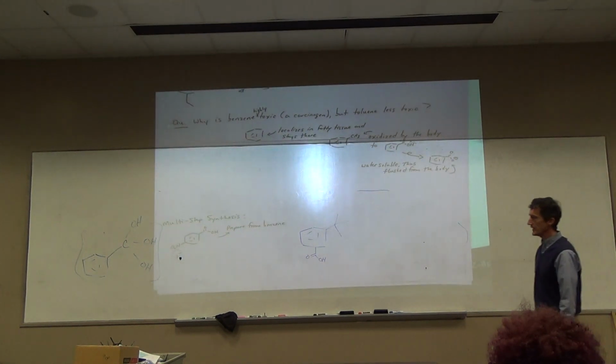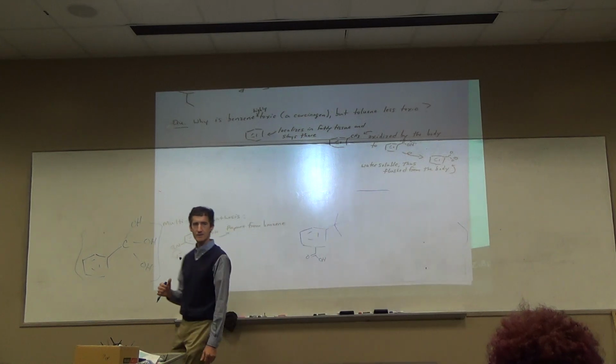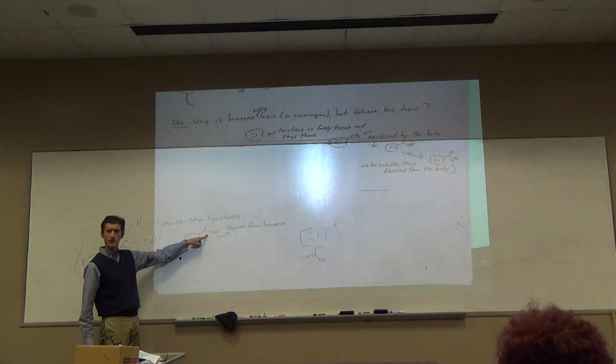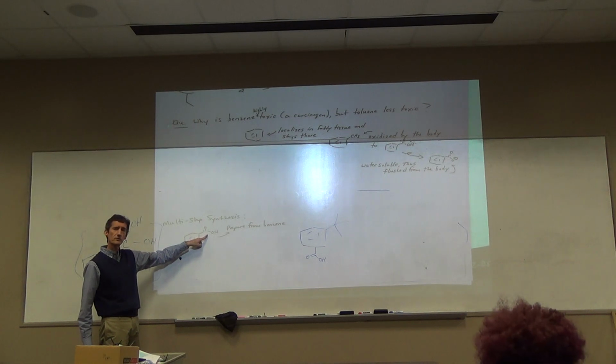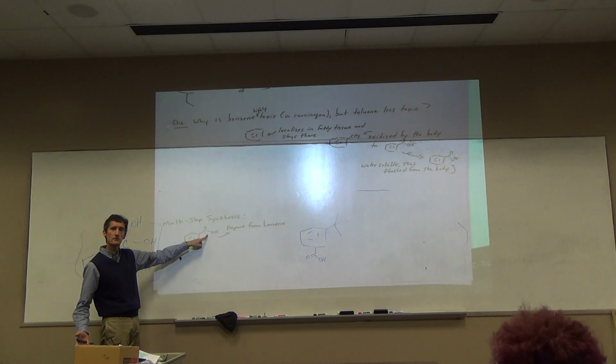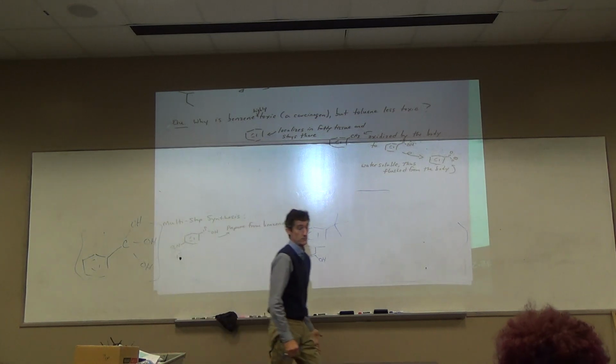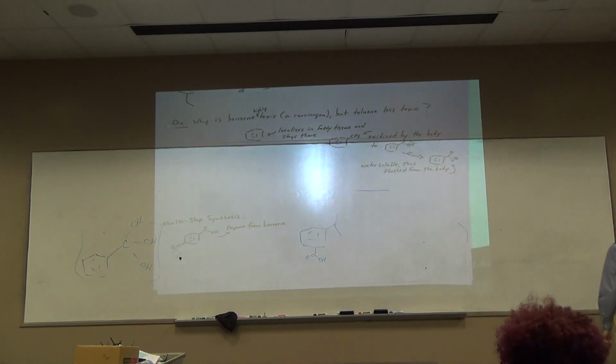Multi-step synthesis. I'm trying to get you ready for the last page. Do we know how to make benzoic acids? Yeah. From alkylbenzene. Does it have to be a methyl, or could it be an ethyl, or a butyl? Just use Friedel-Crafts. Right. It doesn't have to be a methyl. It could be an ethyl or propyl.